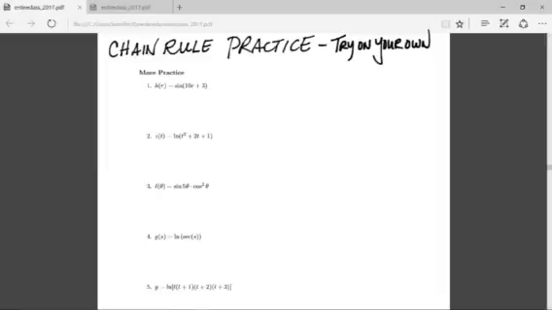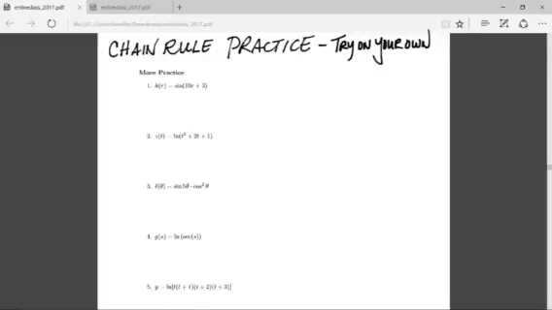What I'd like you to do now is practice some chain rules on your own. If you go to page 27 of the entire class printout, you will see these 5 problems. Please find the derivative for each of the functions, and I guarantee they will use one or more chain rule applications.